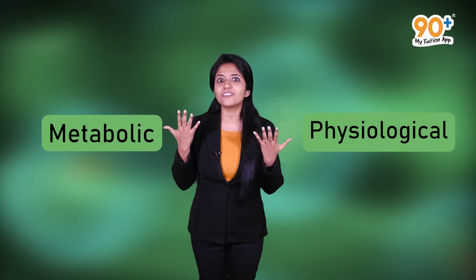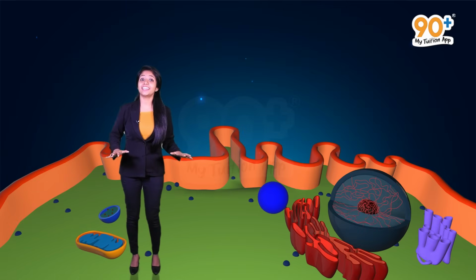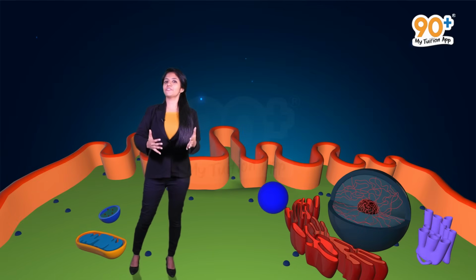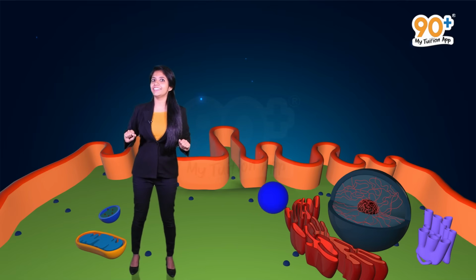Ta-da! And now, as the cell performs different functions, may it be metabolic or physiological, it becomes the functional unit of life. Well, tighten your seat belts because you will get to know the different functions of a cell really soon.